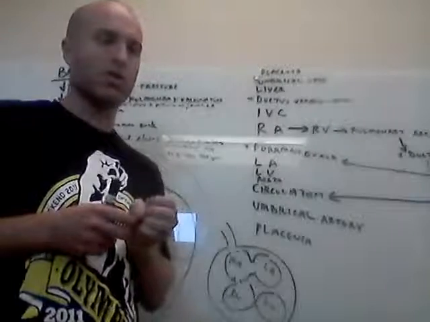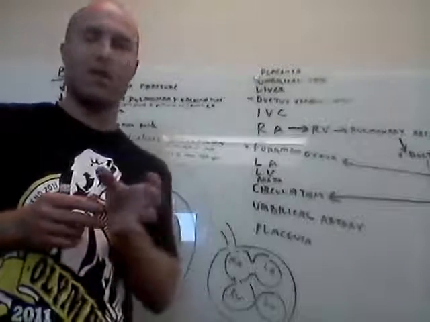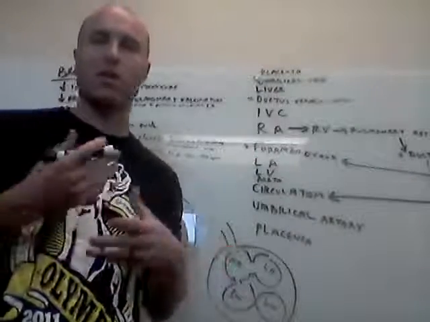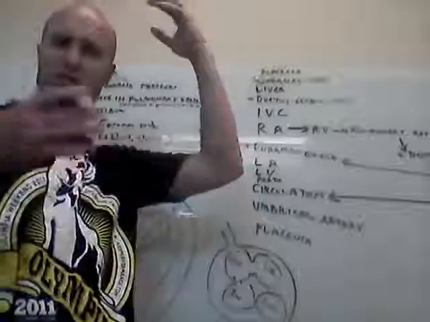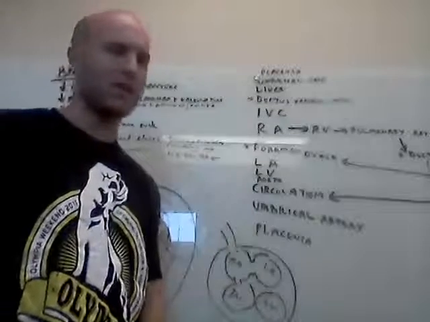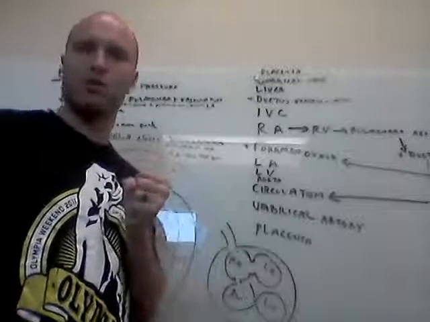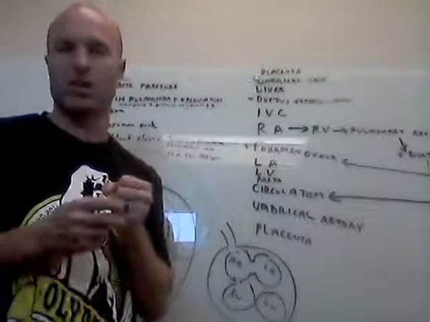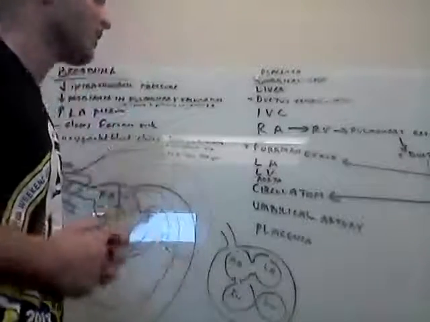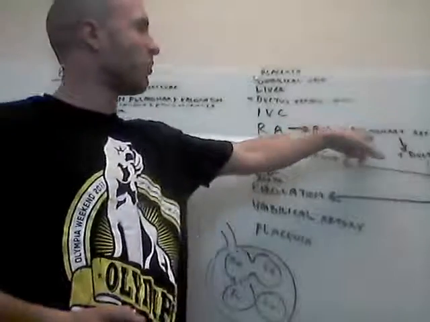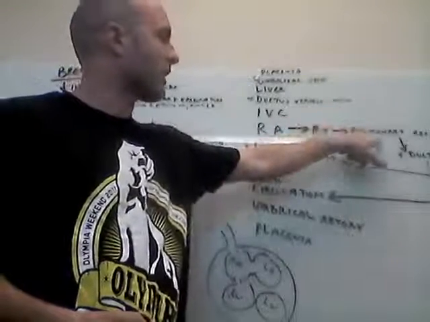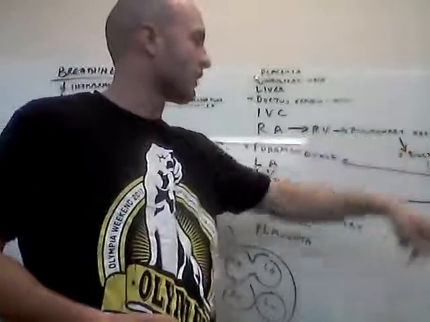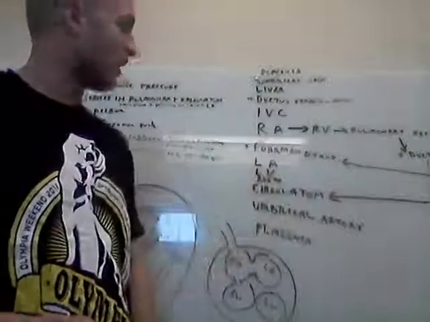It usually closes after birth because prostaglandin E keeps it open, and when you get really oxygenated blood going through it, it affects the prostaglandins in there, and it usually clamps down. Sometimes if it doesn't clamp down, they call it a patent ductus arteriosus, an open ductus arteriosus. So anyway, with this little hole in the pulmonary artery from the right ventricle, the blood can either go to the lungs, or it can go through the ductus arteriosus into the aorta.